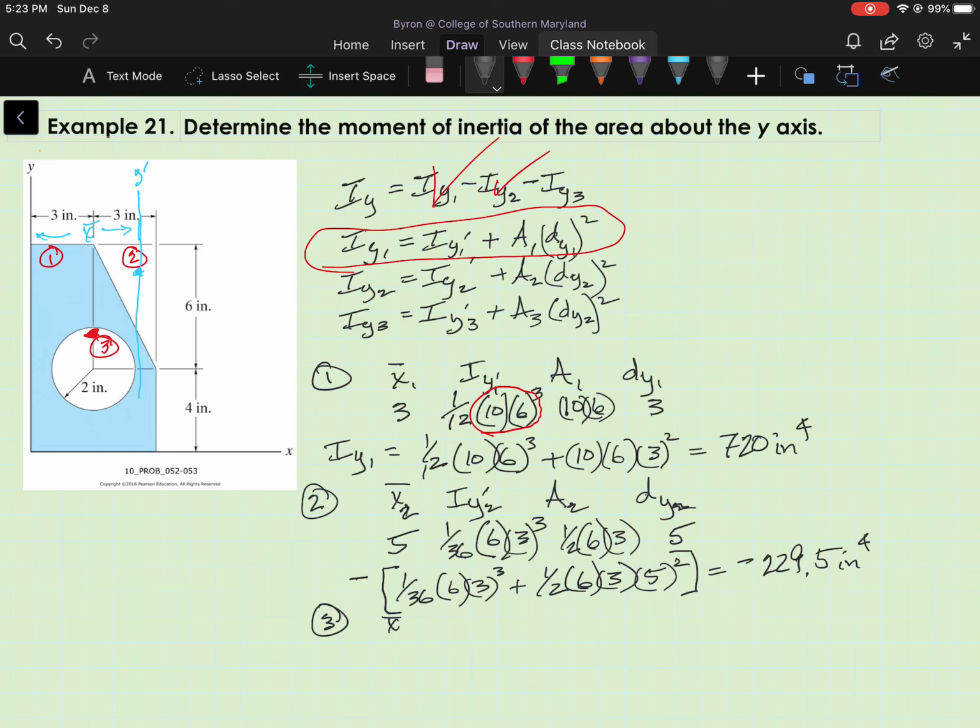I'm going to find x bar sub 3, the moment of inertia of the circle about its own centroid, or a vertical axis going through its own centroid, the area of the circle, and then the distance between our reference y-axis and the y' axis going through the centroid of the circle.